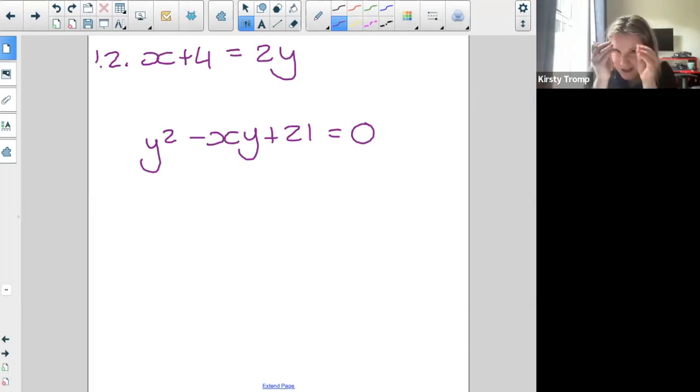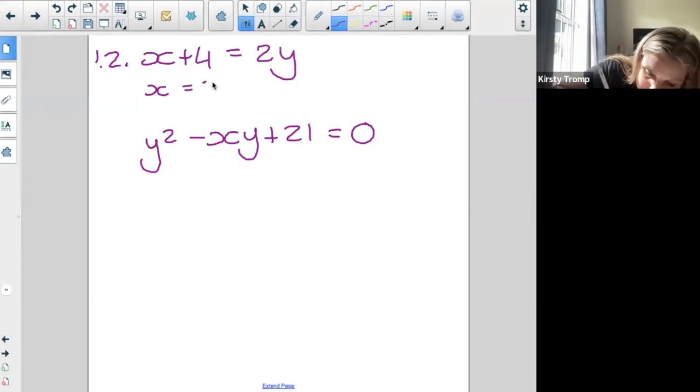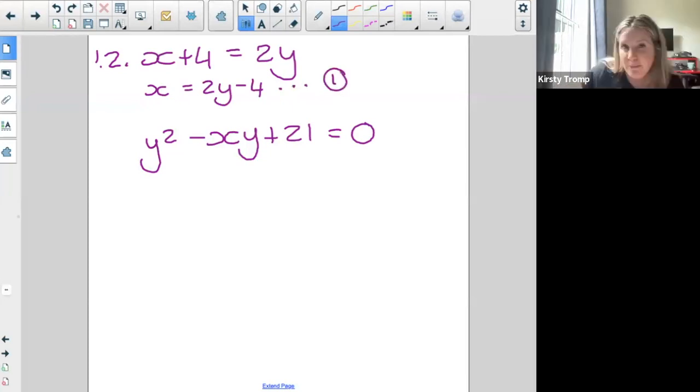It needs to be by itself. So it's got x equals 2y. I'm taking the 4 across, minus 4, and I'm going to make this equation number 1. If that's equation number 1, this is going to be equation number 2.